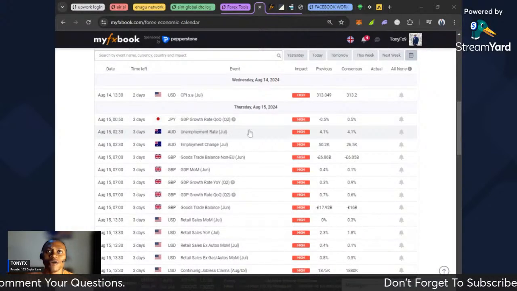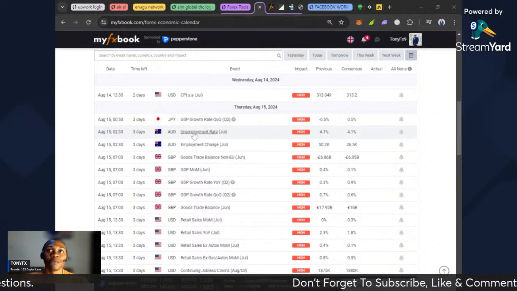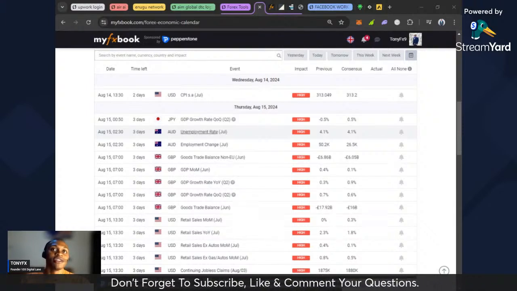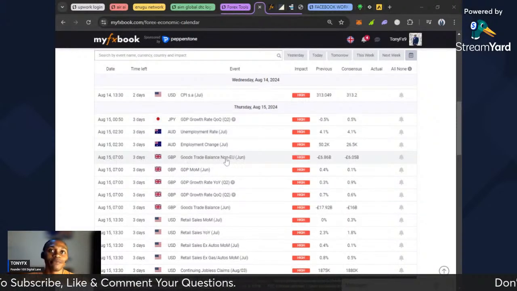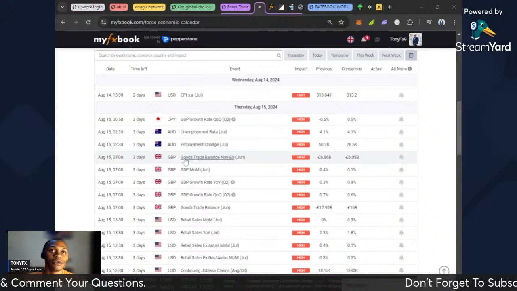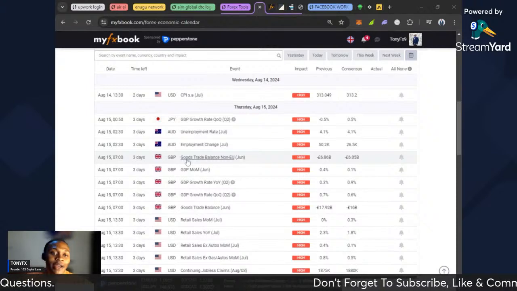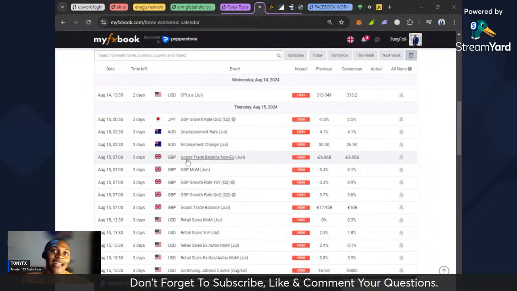Unemployment rate year over year, I've already explained it. If there's increase in unemployment rate, it makes the currency weak. If there's decrease in unemployment, it makes the currency strong. Then early London session, we have goods trade balance non-EU, which is for Great Britain pound, which has to do with total imports minus total exports. Every economy is encouraging exports more than imports.